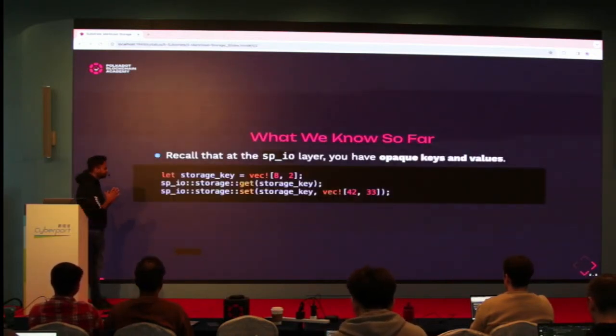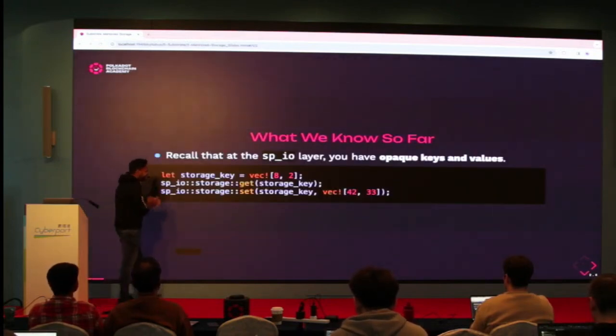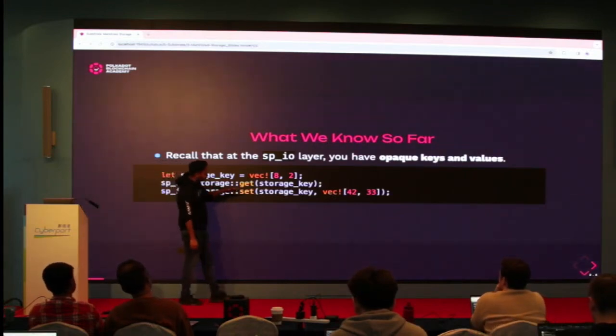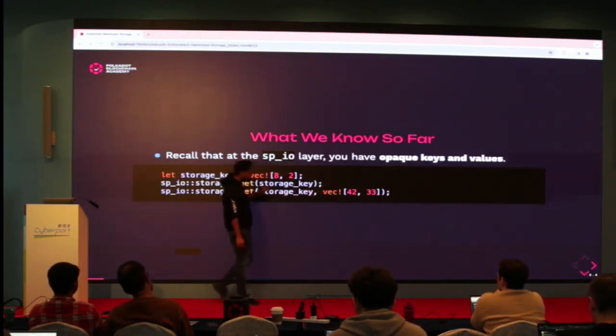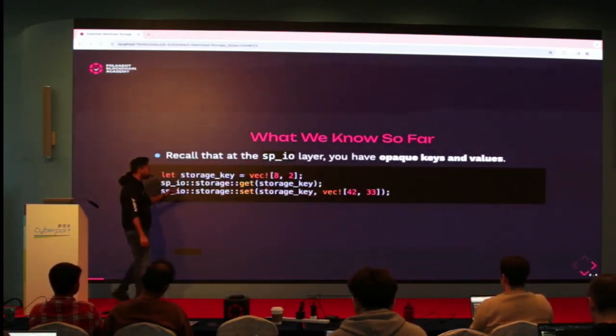You must have seen this yesterday as well in your assignment. We use sp_io storage to get or set a value. We pass it some key and some value. Both are opaque. There's no type information in it, so it's just a bunch of bytes.